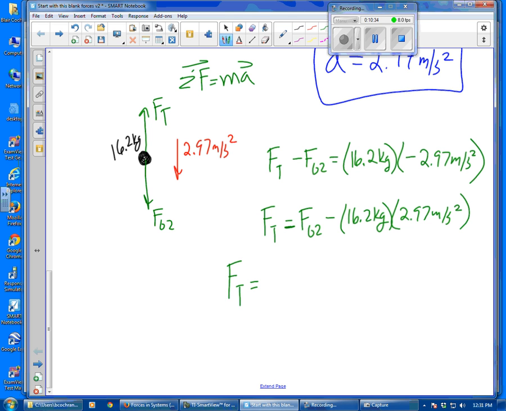So FG2 I know from before is 16.2 kilograms times 9.80 newtons per kilogram. Minus 16.2 kilograms times 2.97 meters per second squared.